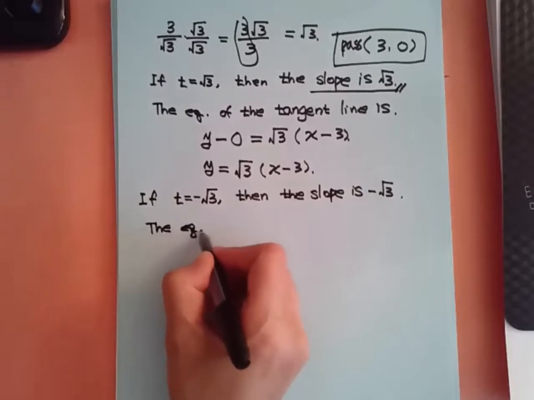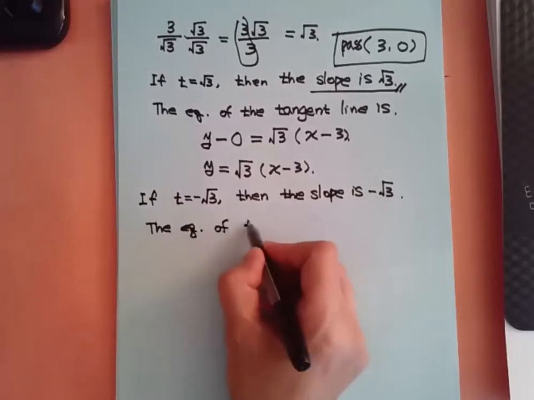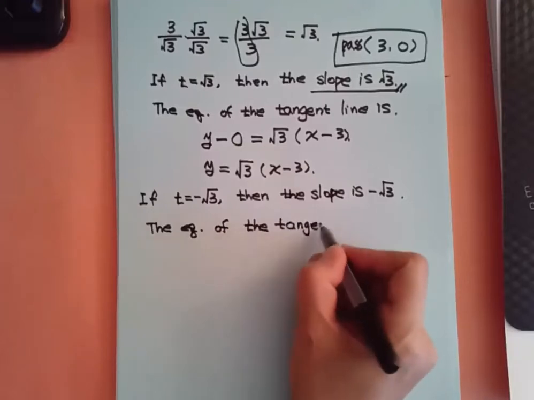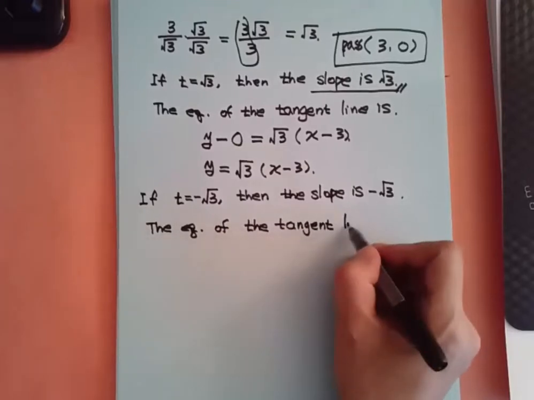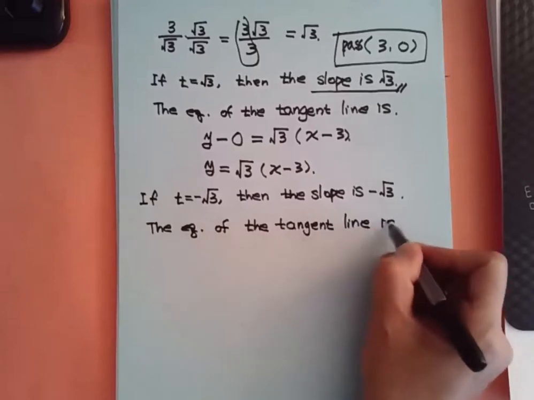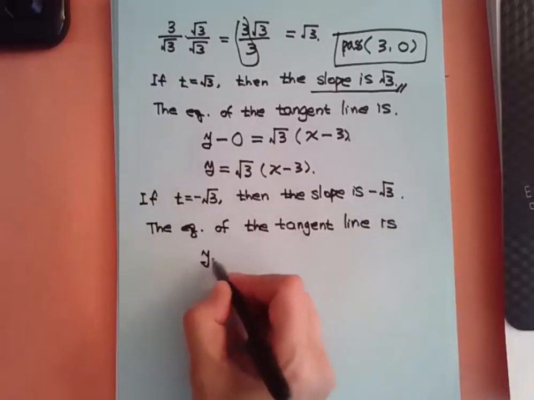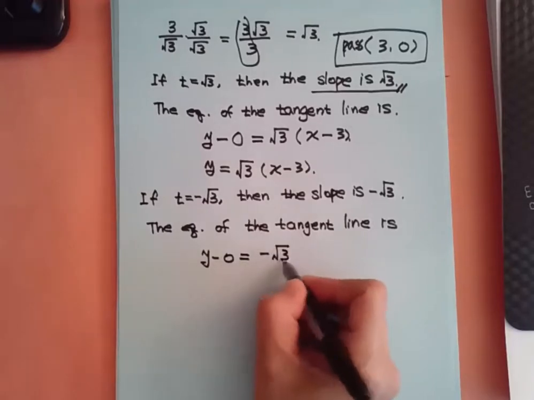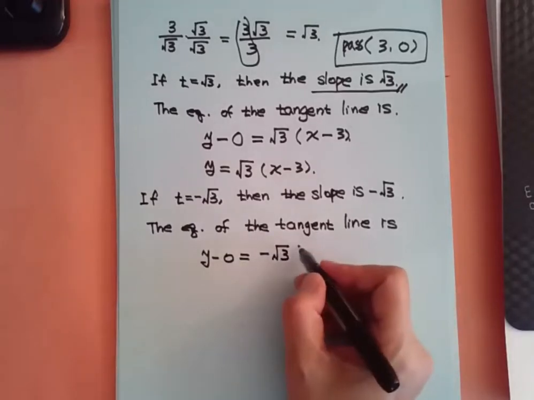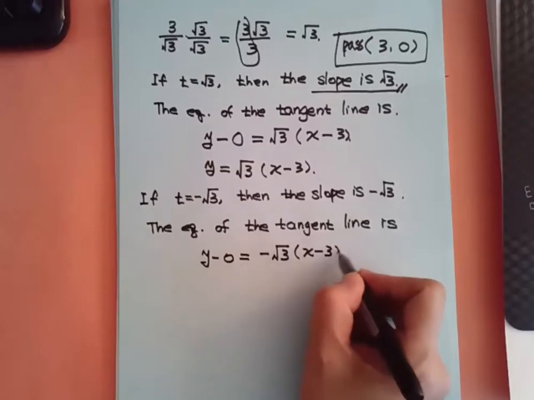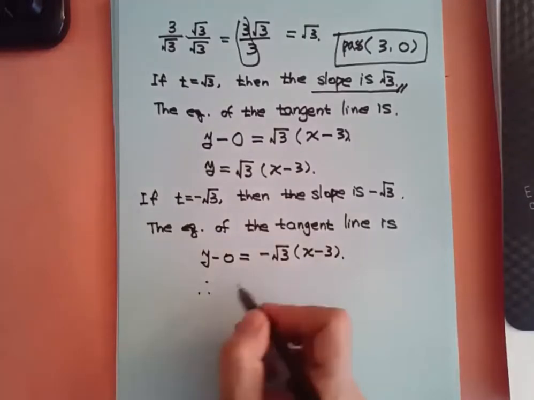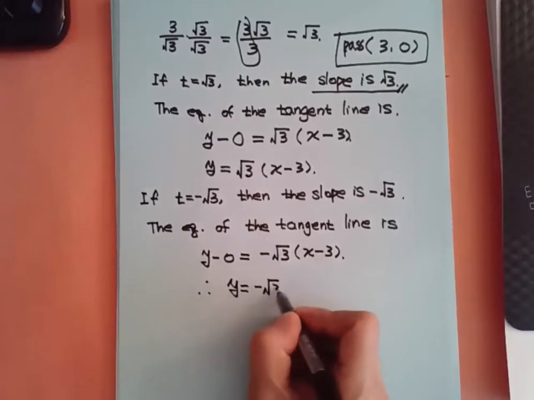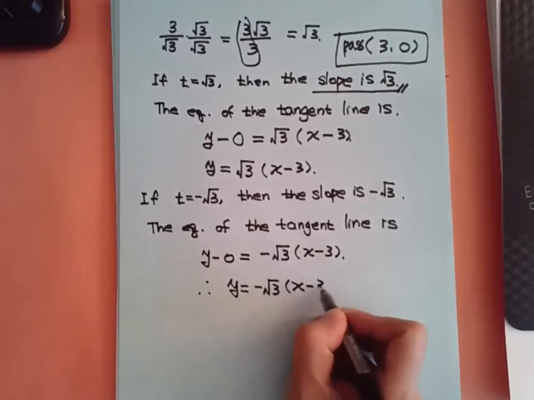So the equation of the tangent line is y minus 0 equals, this time negative slope, minus square root of 3, open parenthesis, x minus 3. So y equals minus square root of 3 times x minus 3.